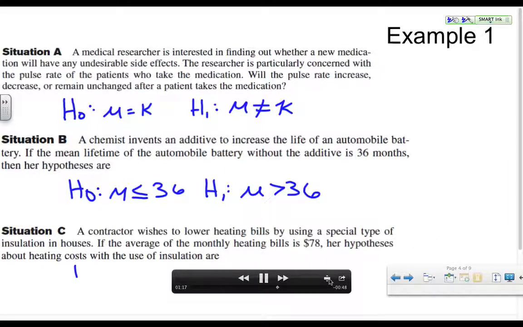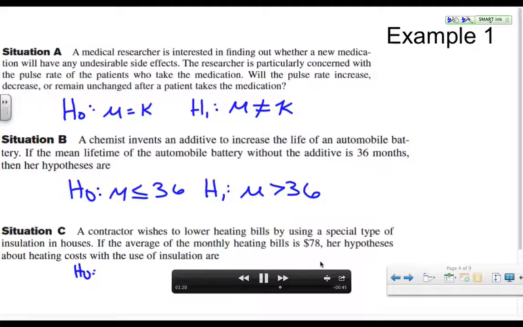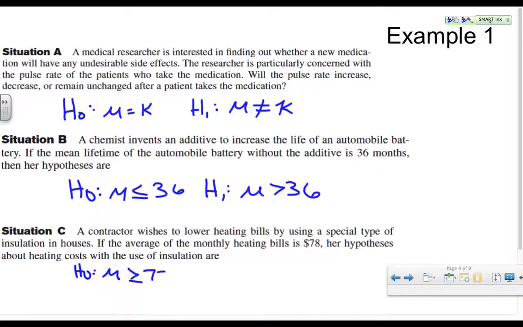And then situation C says, a contractor wishes to lower heating bills by using a special type of insulation in the houses. If an average monthly heating bill is $78, hypotheses about heating costs with the use of insulation are, okay, so my H0 is going to be the opposite of what I want, that the mean will be greater than or equal to 78, and my H1 is what I want, which is that the mean will be less than 78.